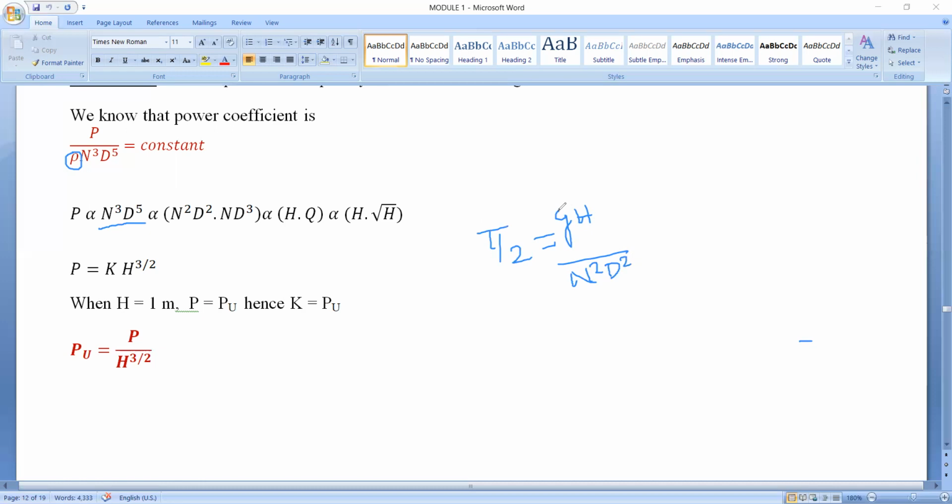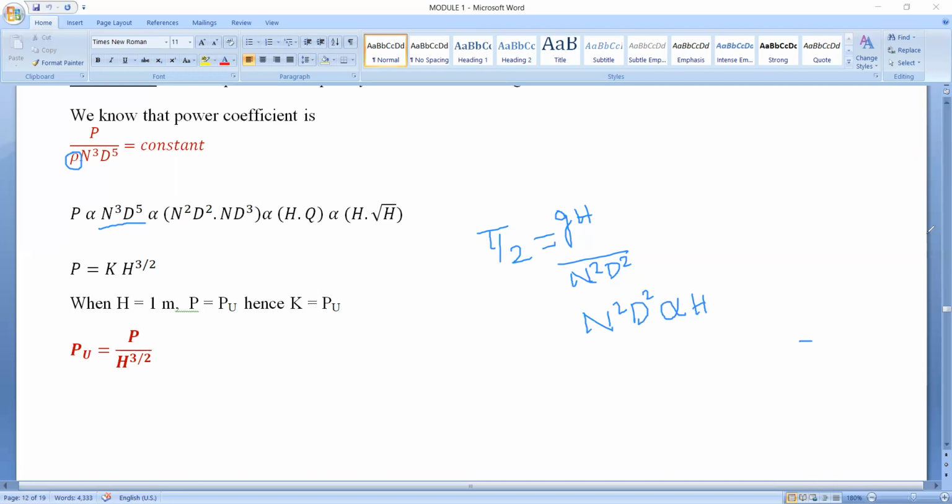This is pi 2 equals gh by n square d square. Since g is constant, pi 2 is constant, so after cross multiplication, n square d square is proportional to h. So in place of n square d square I have written h.